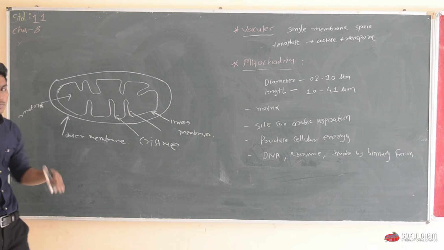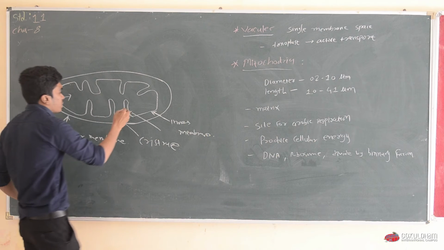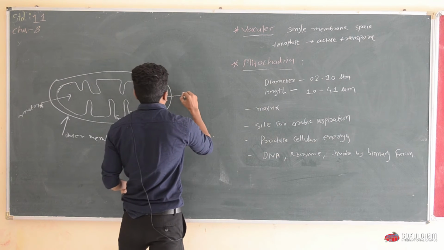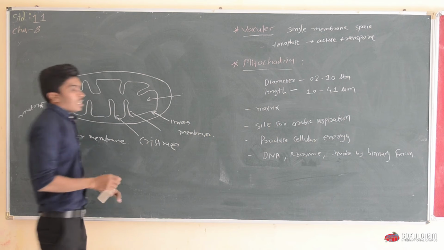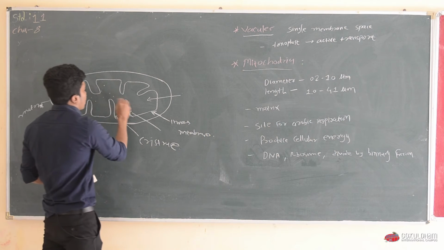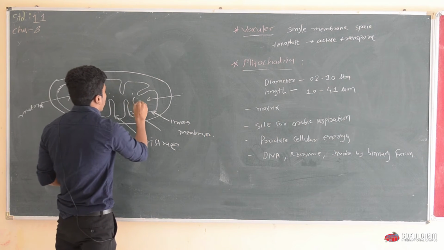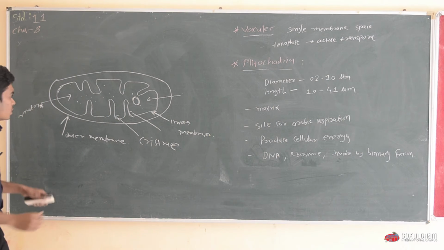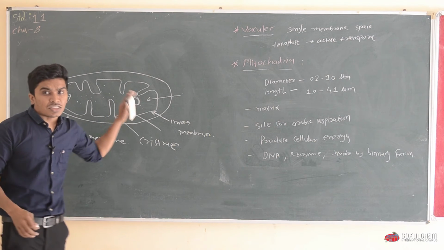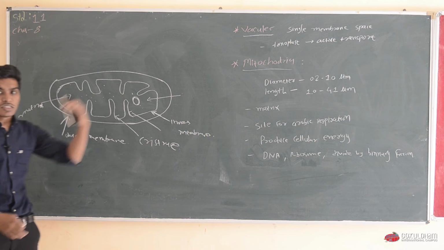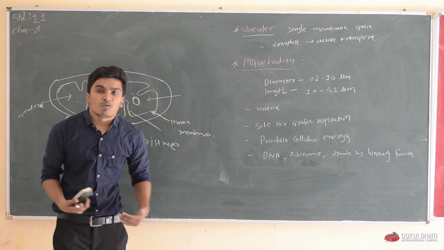The matrix is filled with a homogeneous substance, and in the matrix, ribosomes and DNA of the mitochondria are also present. Now this is the structure of mitochondria. Let's see the ultrastructure and the function of the mitochondria.